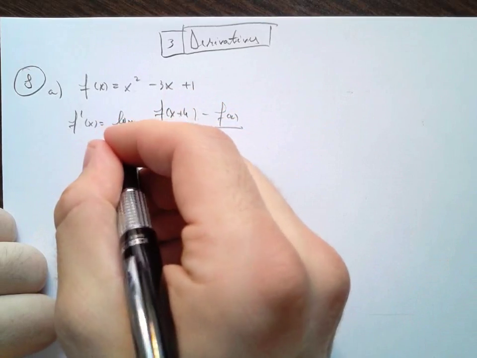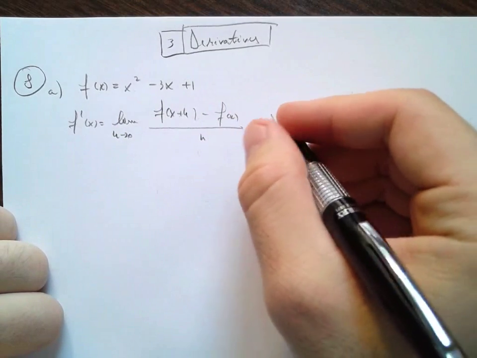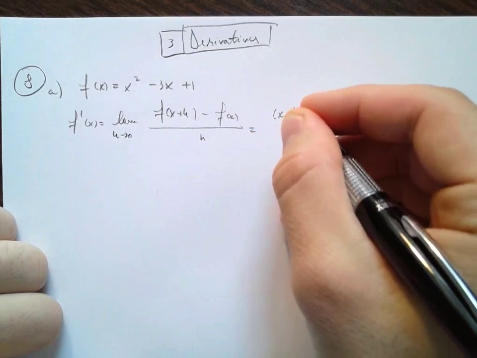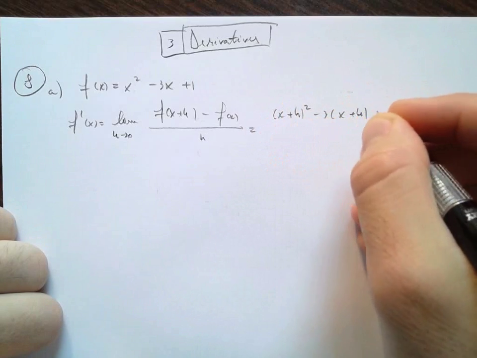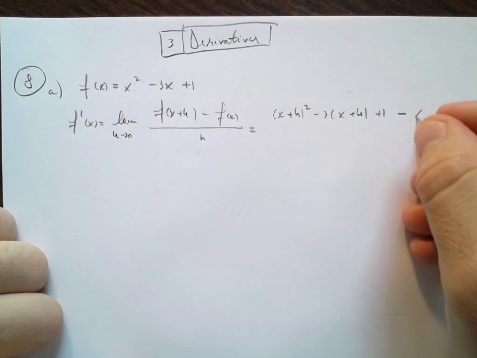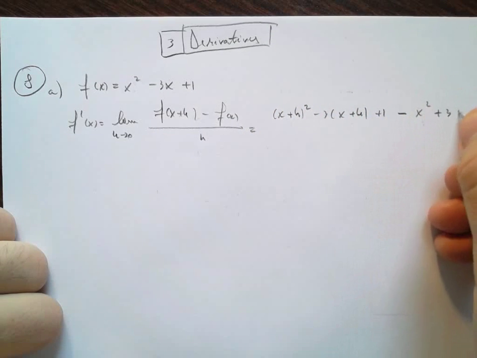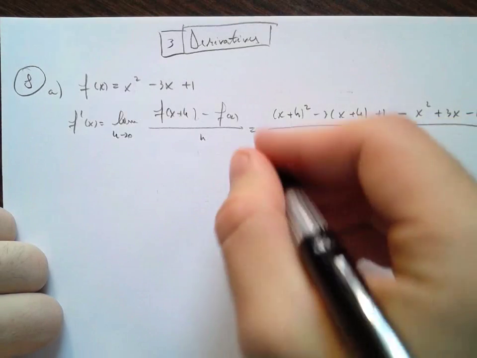So this is as h goes to 0. Let's go ahead and compute that. f of x plus h is going to be x plus h quantity squared minus 3 times x plus h plus 1. And now f of x is just minus x squared plus 3x minus 1. That's the numerator over h.